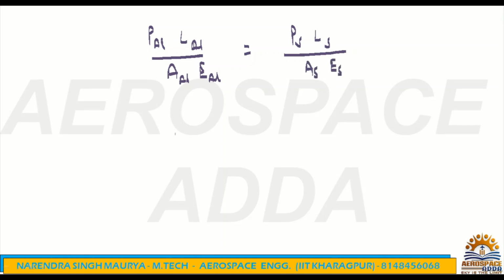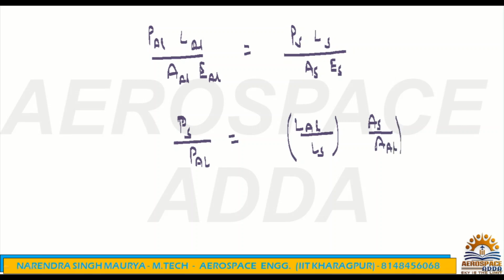We can take the ratio. We can take P steel by P aluminum. Check what the value is now. It's L aluminum divided by L of steel. Then area of steel divided by area of aluminum.